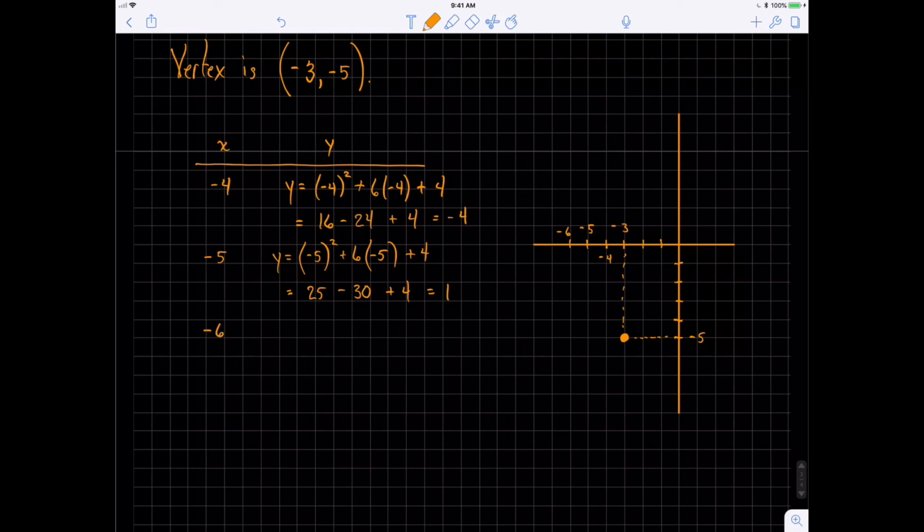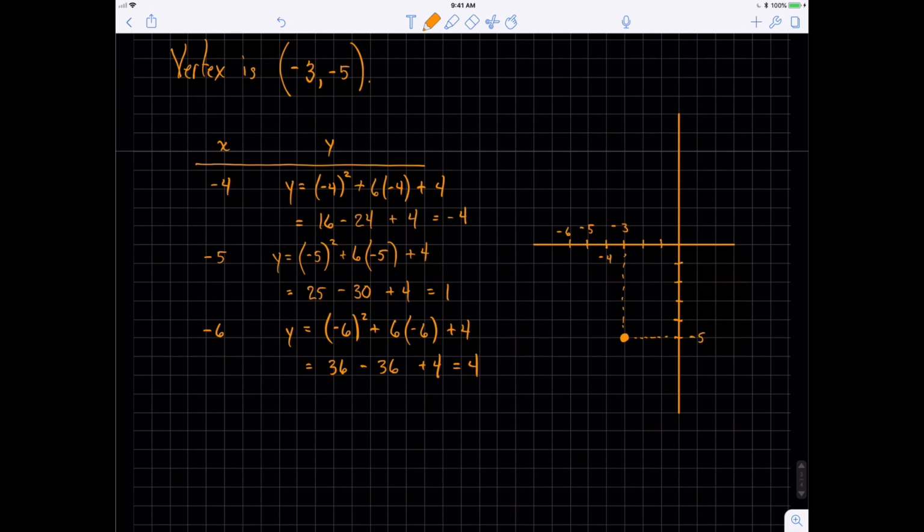Negative 6 says y equals negative 6 squared plus 6 times negative 6 plus 4. So this is 36 minus 36 plus 4. That's just 4.